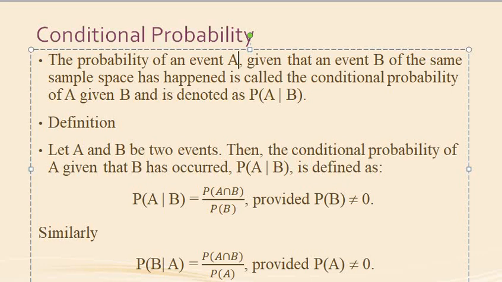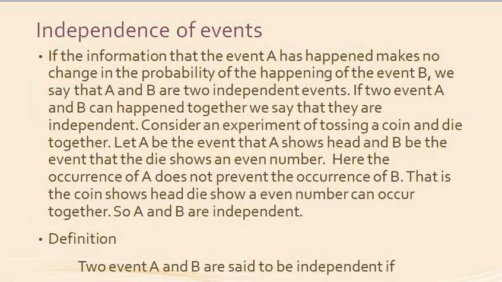We can think of A only if B has happened. So we define P of A given B as P of A intersection B divided by P of B, provided P of B not equal to 0. Similarly, P of B given A is defined as P of A intersection B by P of A, provided P of A not equal to 0.